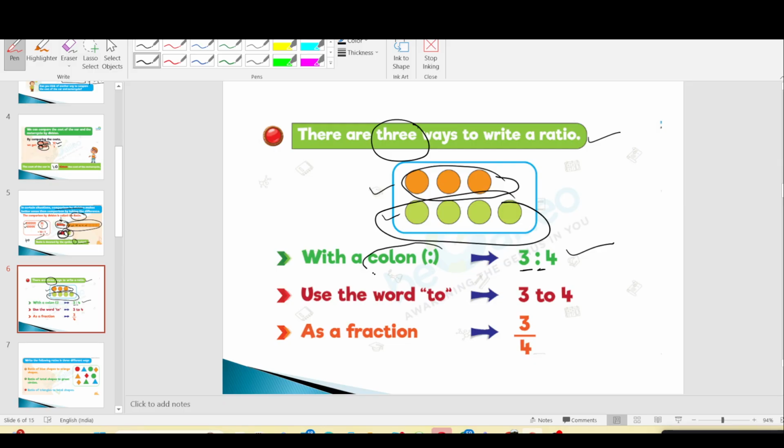Either we can use colon or we can use the word to. I can say 3 to 4. The ratio of orange ball to green ball is 3 to 4. So another way, right, is by writing to. The third is as a fraction, 3 over 4. So there are three ways: using colon, using to, or a fraction. Clear?